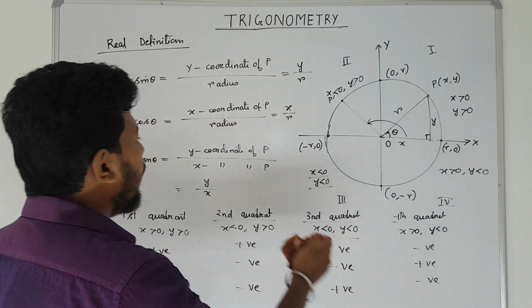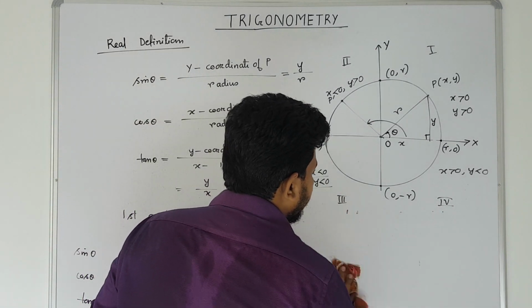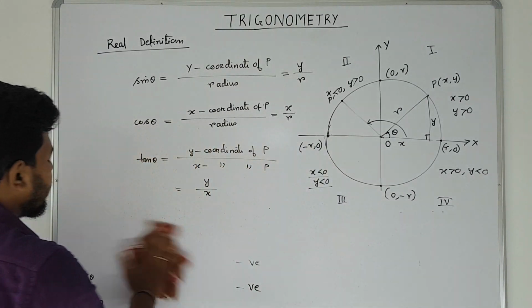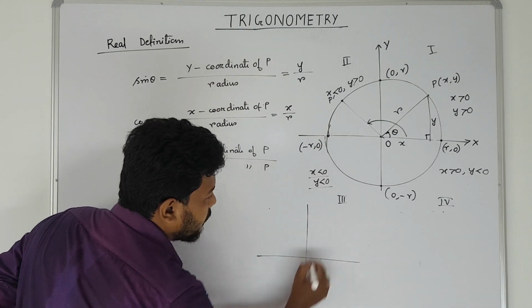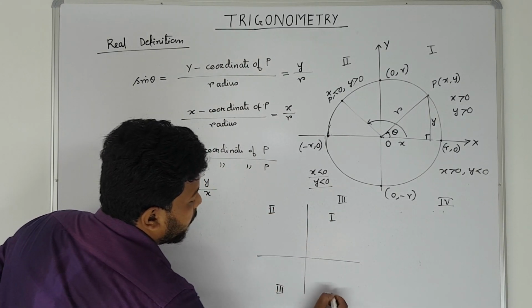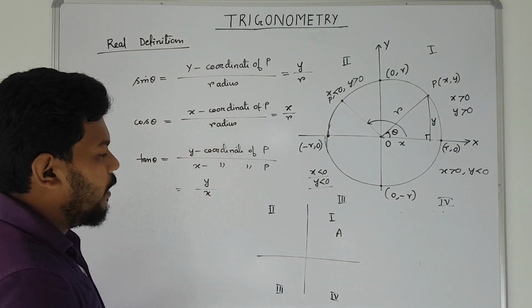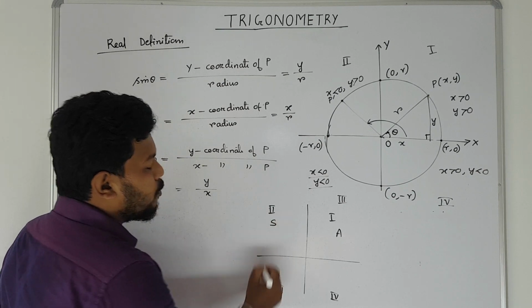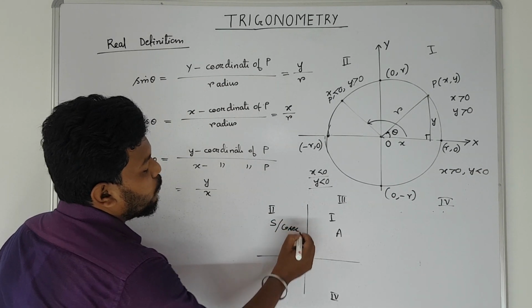So you can define a relation. This is called ASTC. That means this is number 1, this is number 2, this is number 3, this is number 4. In first quadrant all the ratios are positive. In second quadrant only sine positive. If sine is positive, that means cosec is also positive.